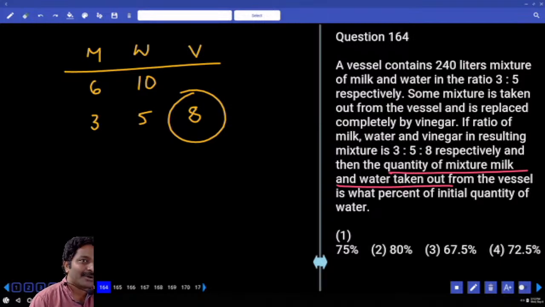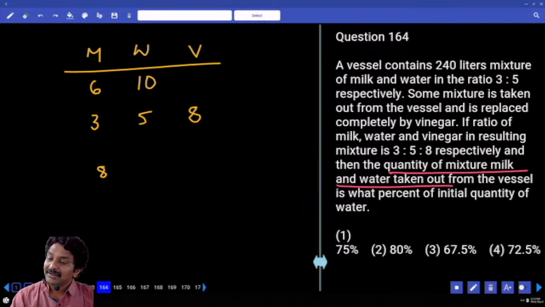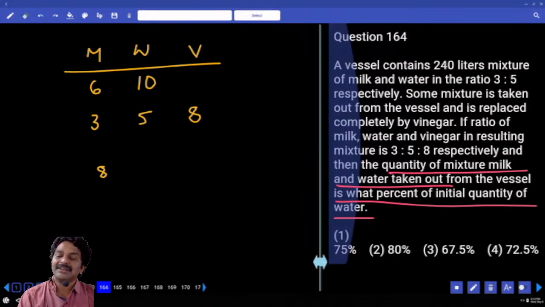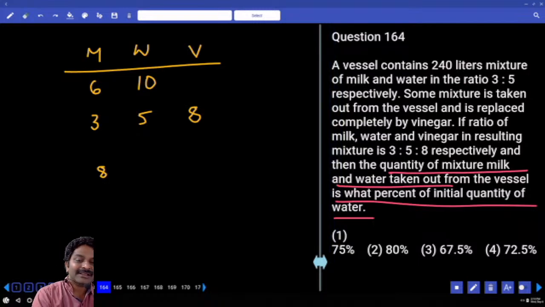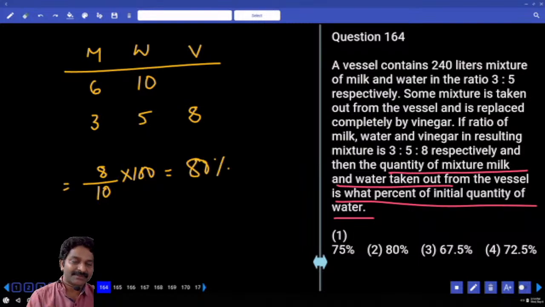Whatever vinegar we have now is the same as the milk-water mixture that was taken out earlier, right? So how much quantity is taken out? 8, which is what percent of the initial quantity of water? How much water do we have? In the initial case, 10 parts. And this is the percentage we were asked to calculate. How much is that? 80%.